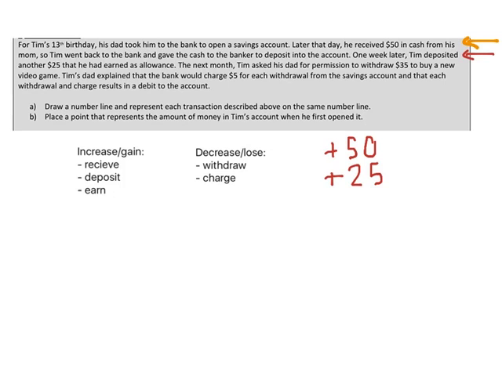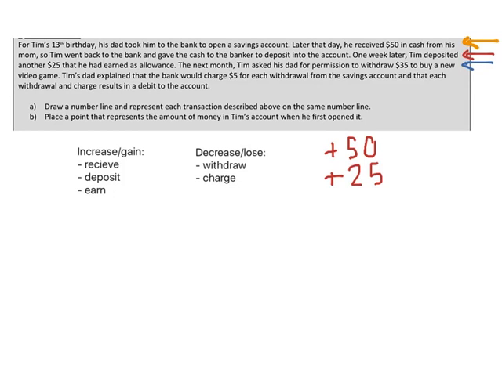Okay, up next it says, "The next month, Tim asked his dad for permission to withdraw $35 to buy a new video game." Take a look at the list. Try to see if you see any word that's in the sentence that's also in our list. So you might notice that this time we're working with a word that's in our decrease or lose column, and that's the word withdraw.